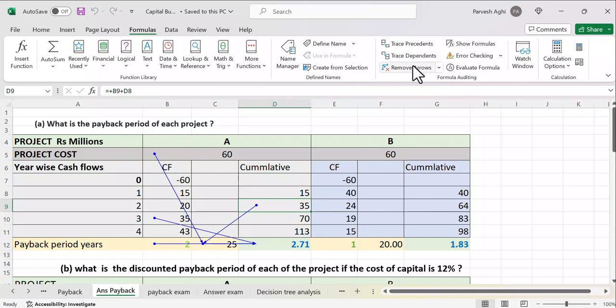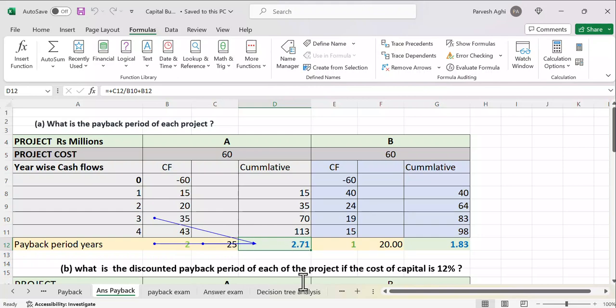I'll just remove the arrows first. So I just put the arrow here and trace this, which is basically 35 minus 25. C12 is basically 25 divided by 35 plus 2. Okay, 2.71. I'm just going to repeat that.